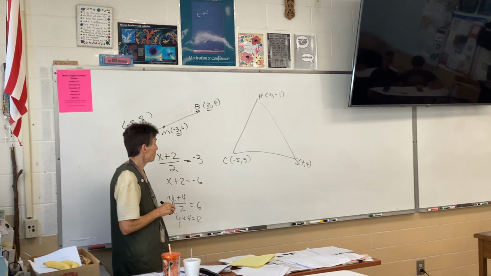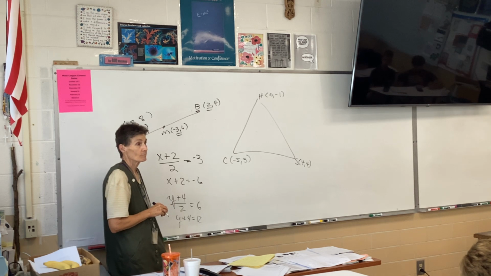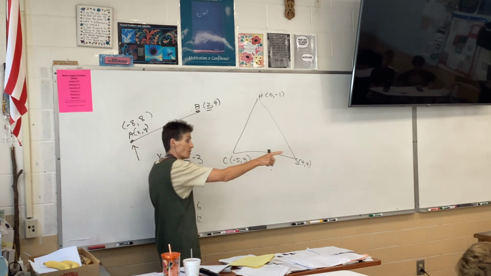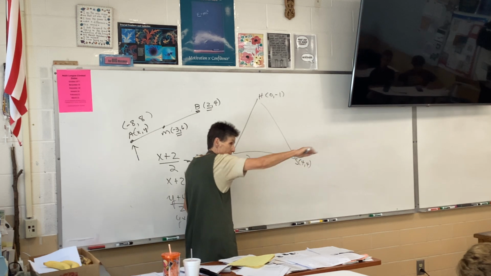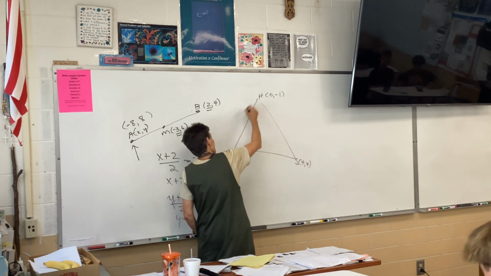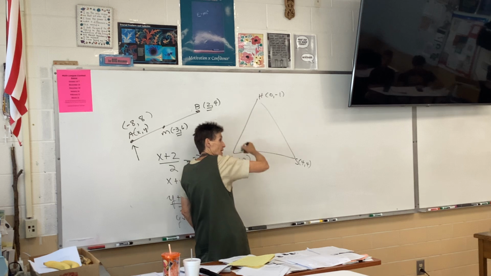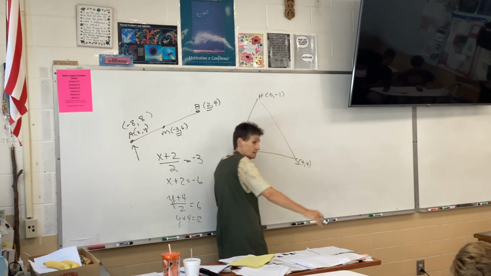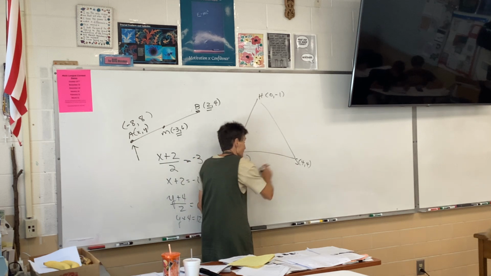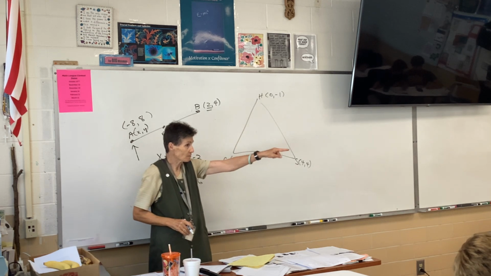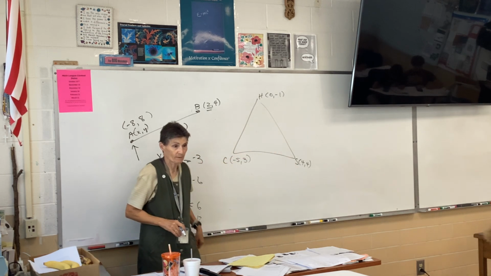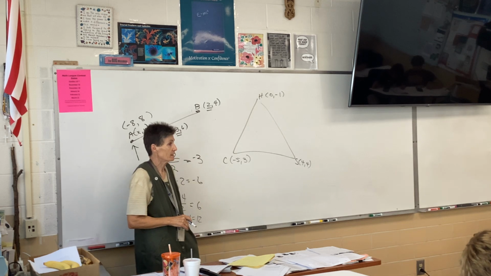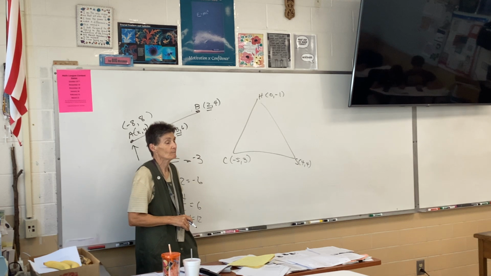What's perimeter mean? All sides. Add up all the sides. So, Fred, that row over there, I want you guys to find CH. You guys here in the middle, I want you to find HS. And you guys over here, I want you to find CS. So you're doing a distance formula, distance formula, distance formula. When you got it, tell me what it is. We'll add them up and that'll be our perimeter.